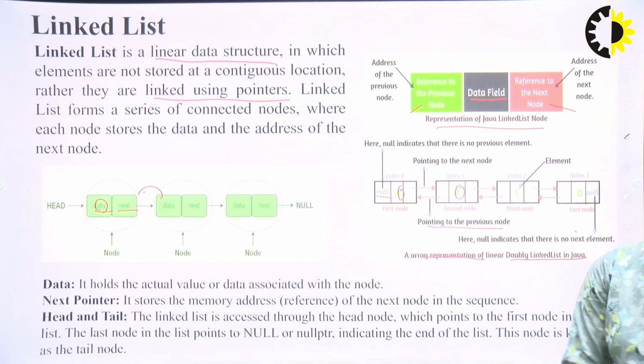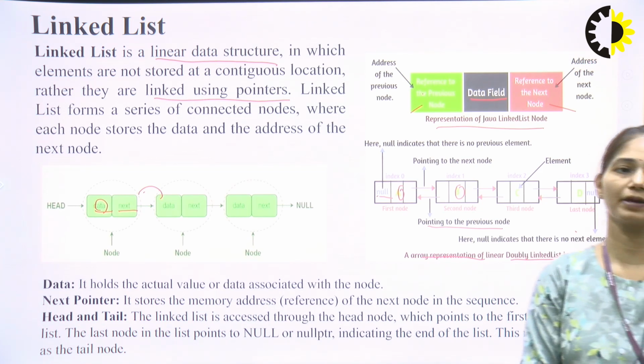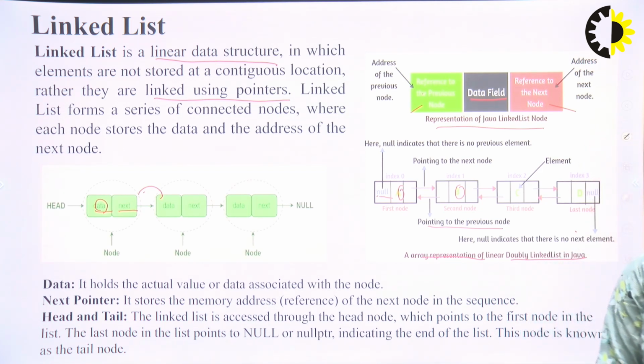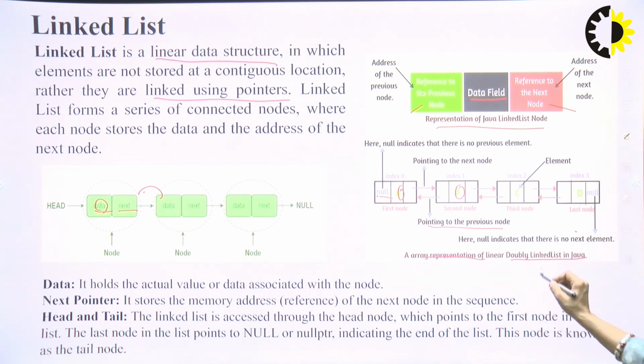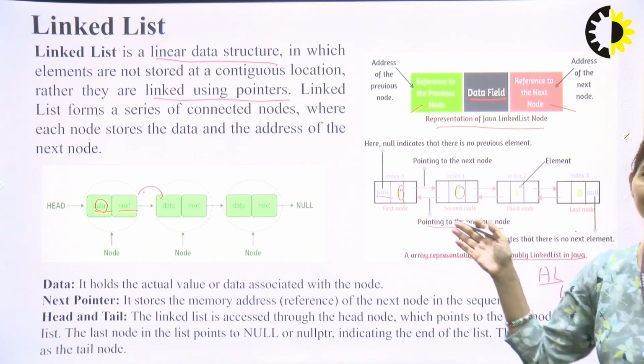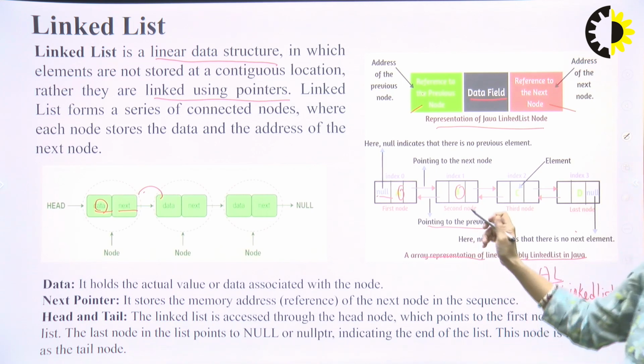Now how is it going to be helpful for your programming? Suppose you want to add some elements in your ArrayList as well as in your linked list. For adding an element, the linked list is going to add the element in a particular position.